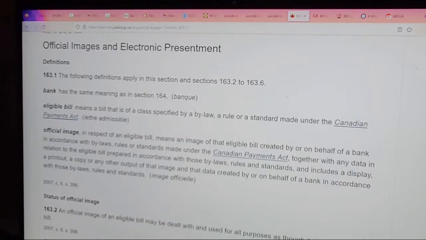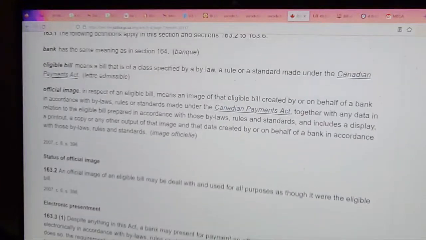Official images and electronic presentment. Definitions. 163.1. The following definitions apply in this section and sections 163.2 to 163.6. Bank has the same meaning as in section 164. Eligible bill means a bill that is of a class specified by a bylaw, a rule, or a standard made under the Canadian Payments Act.